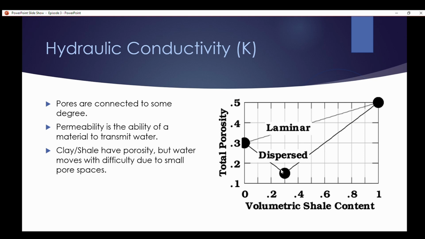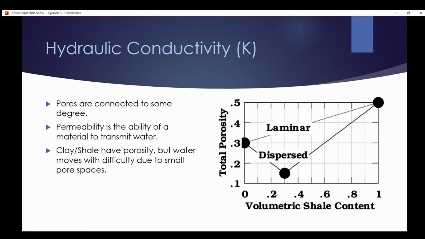Well, actually, I don't even know the units, but vertical hydraulic conductivity is much less than horizontal flow in a clay, and that's like I explained in the previous episode.